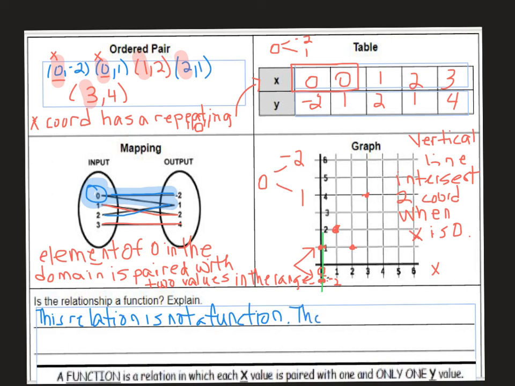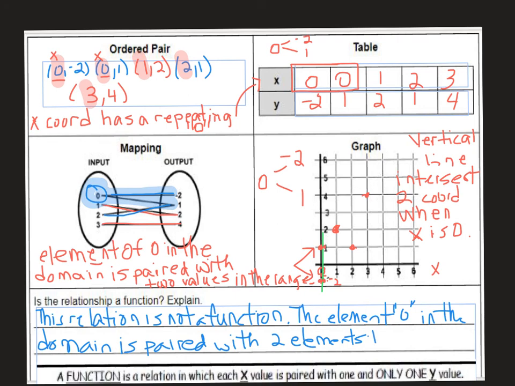Well, once again, because the element of 0, which is found in the domain, is paired with two elements in the range. You must justify in writing two elements, in the range. Why this relation is not a function, and that is why.